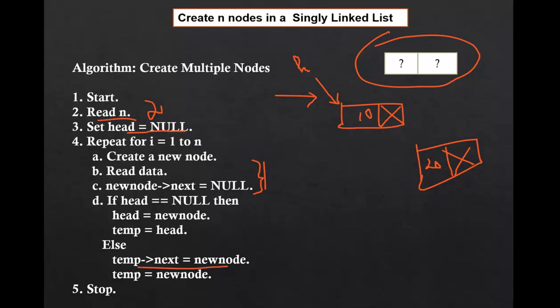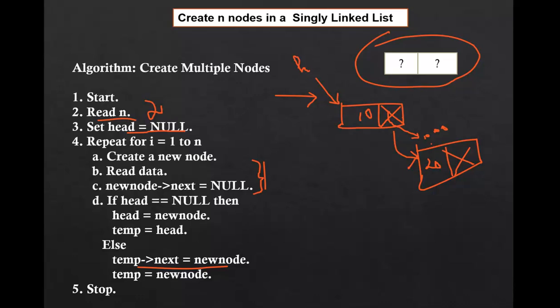This is my temp's next, pointing to the new node. The address of this is copied here. Say for example, the address of this is 1000, and that 1000 will be written onto temp's next. So this node points to the new node. That's it. We have created two nodes.